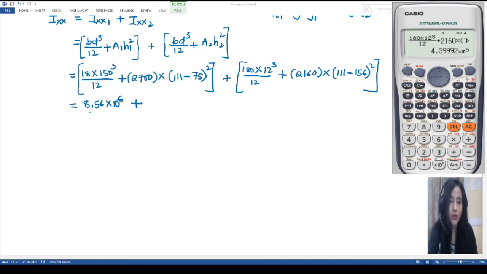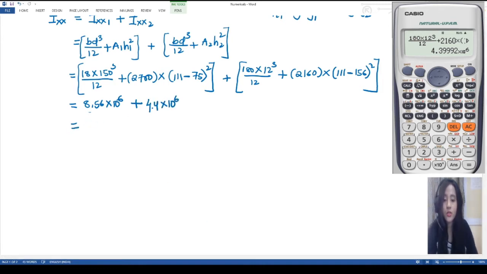So I'm getting 4.39 into 10 raised to power 6. So let's make this value 4.4 into 10 raised to power 6.